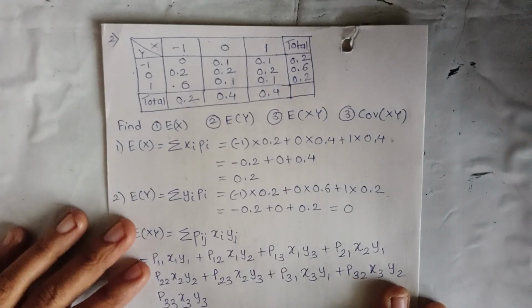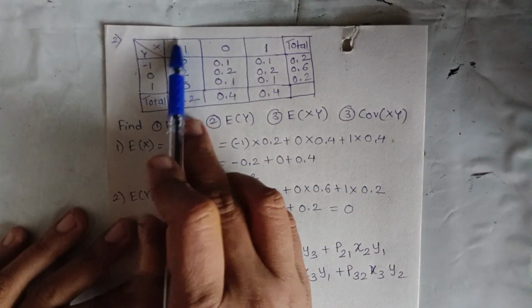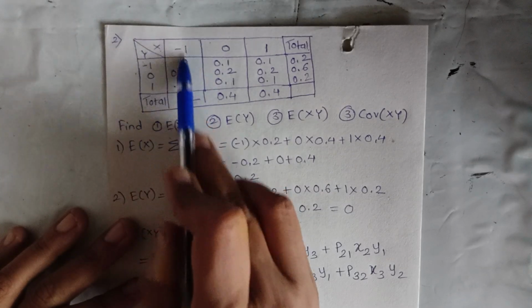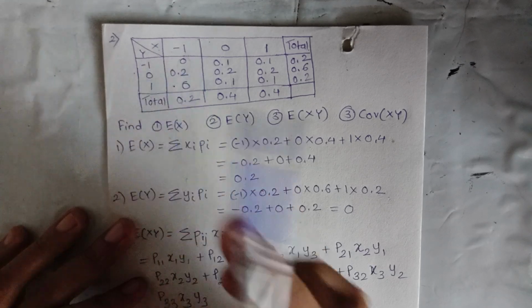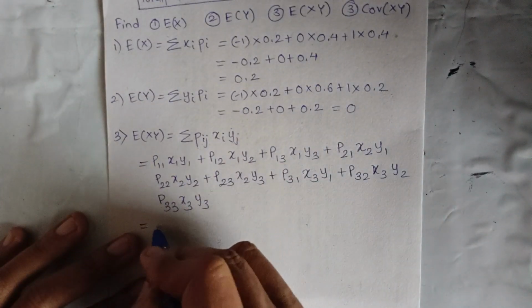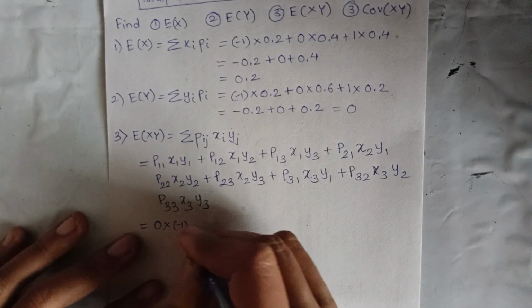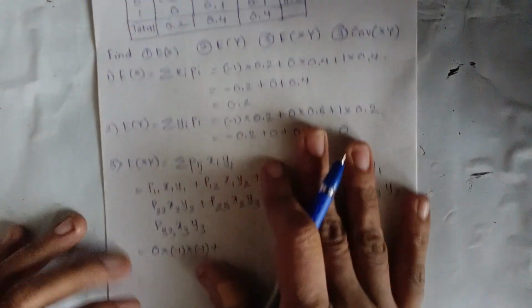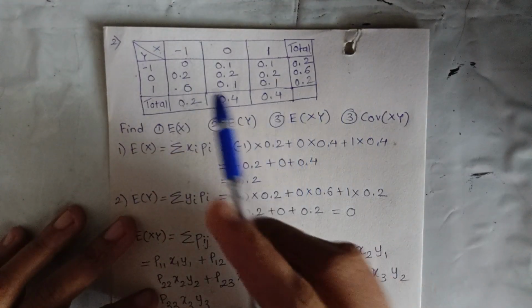P of 1, 1. P of 1, 1 is what? You have to look for x1 and y1. Okay, x1 and y1. So this is our P of 1, 1, 0. x1 is minus 1 and y1 is also minus 1. Okay, P of 1, 2. So x is 1 and y is 2.